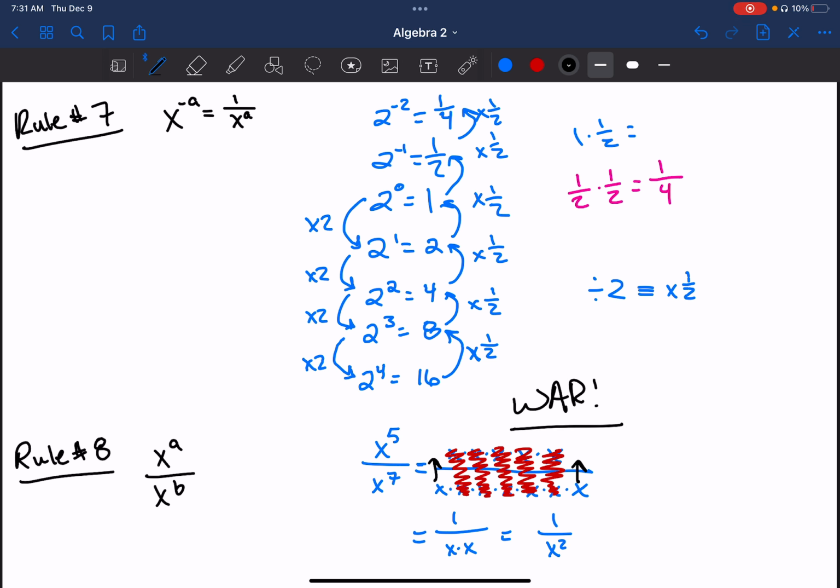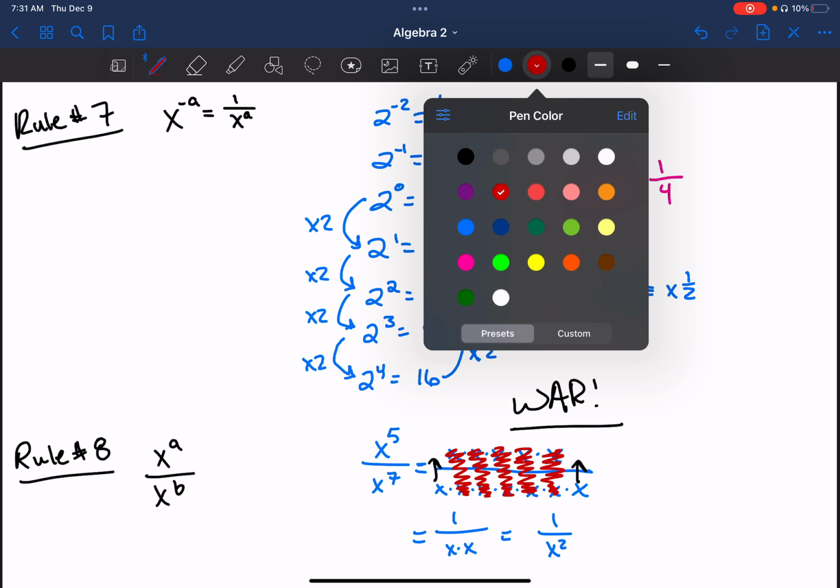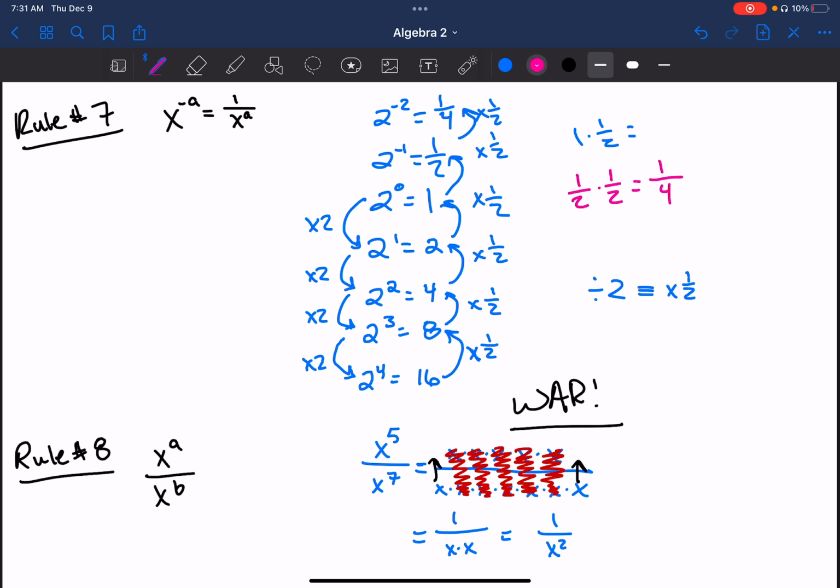That works. Another way to think about this, though, is, well, we already have a rule, rule number 1, for if we're multiplying things. And we said earlier, in the last example, that when you are dividing by something, it's just multiplying by the reciprocal. So we could also say, using my other example color, we have x to the 5th times 1 over x to the 7th. Let's think about it.